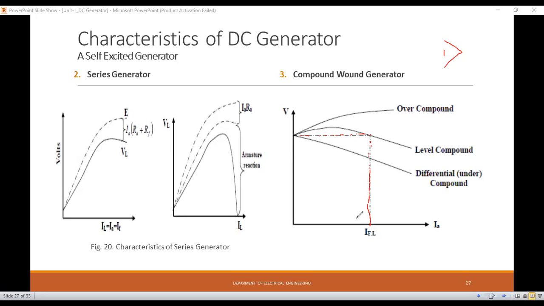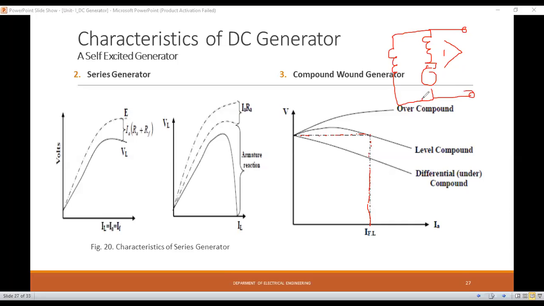Now if the series field winding turns will be so adjusted that जर series field winding च्या turns ज्या आहेत त्या आपण अशा adjust केलेले आहेत, if the load current increases, the terminal voltage increases. बघा, compound generator ची मी diagram draw करतो. Suppose this is the shunt field winding, again this is the series field winding, this one is the armature, and here it is load.